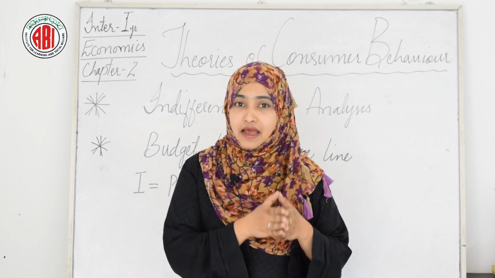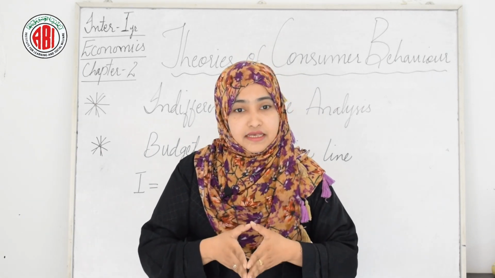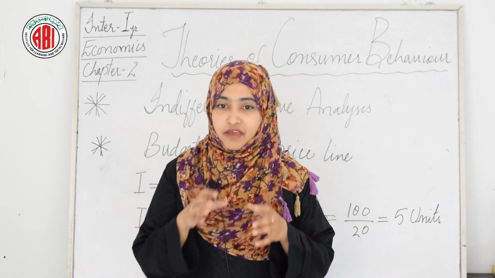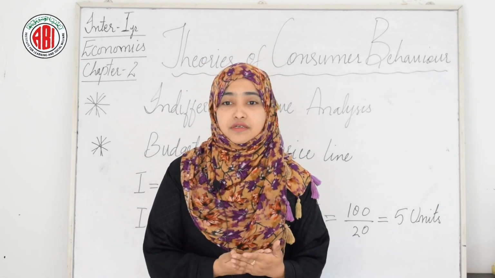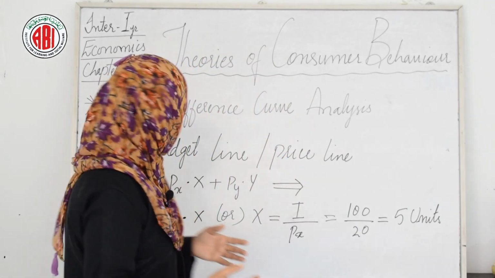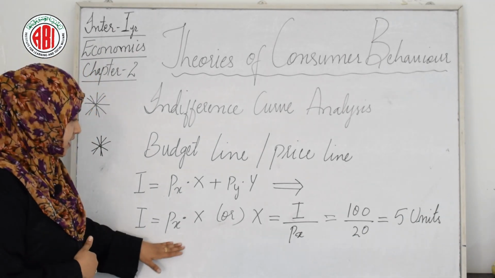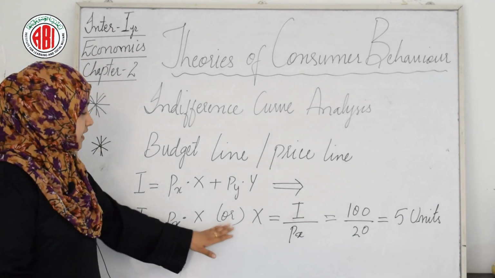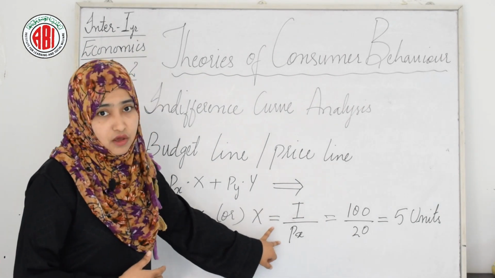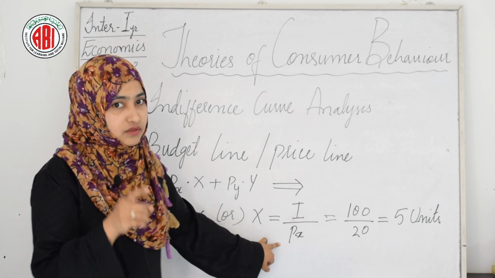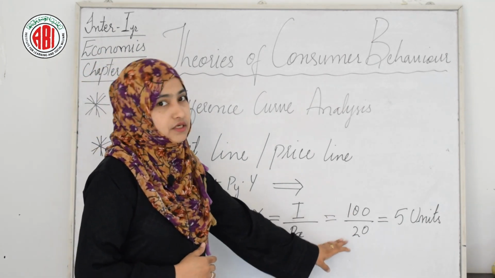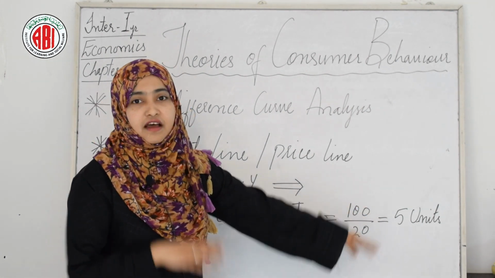Therefore I = Px·X, or X = I/Px, where Px is the price of good X. So it is equal to 100 divided by 20. That means he will get 5 units.